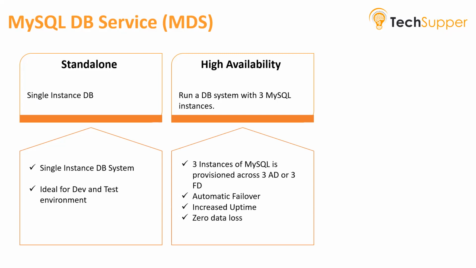Three instances of MySQL DB will be provisioned across all three ADs and all three FDs, and all three instances are connected. If any one of the instances is down, the application will be connected to the other available instances and will continue to have access. All are connected with a single common endpoint, which will send the requests to the three MySQL instances in some fashion.